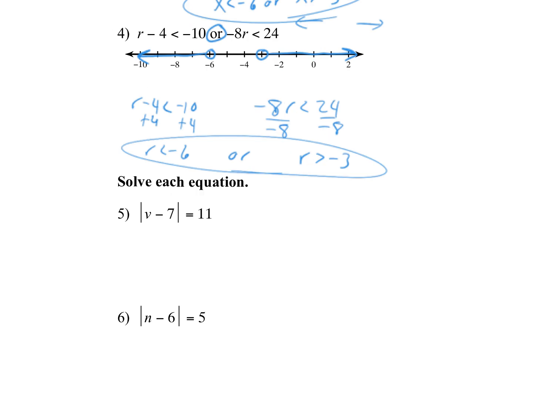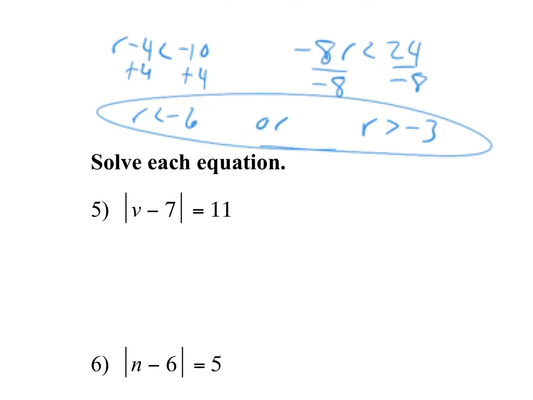Okay, so to solve absolute value equations, guys, we always first want to get the absolute value by itself. Is it by itself? Yeah. Okay, it is by itself. So what do we do now that it's by itself?